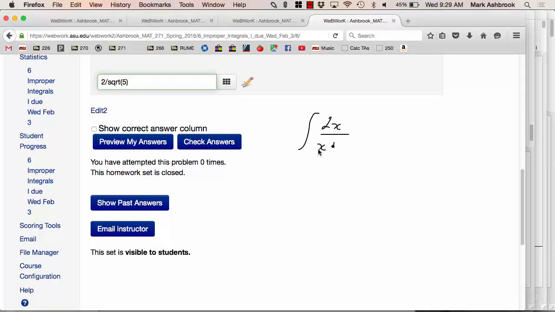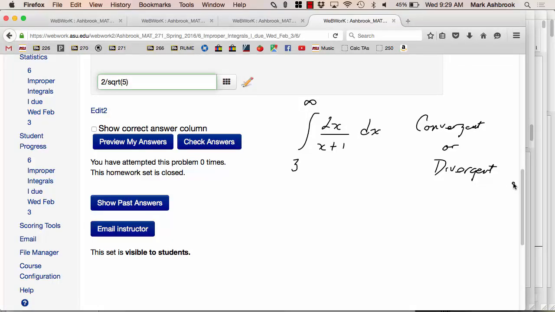No, you're not going to turn it in. So the question is: is this convergent or divergent?